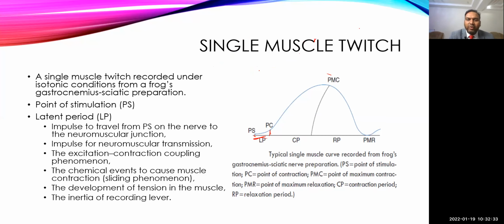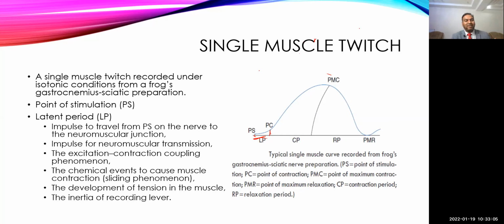This whole period is called the latent period, and this is the time taken for various things which happen. First, transmission of the impulse from the nerve to the site of the neuromuscular junction, then release of the neurotransmitter in the neuromuscular junction, then generation of the action potential in the skeletal muscle at the neuromuscular junction. Once the action potential is generated, calcium is released, and excitation contraction coupling occurs.